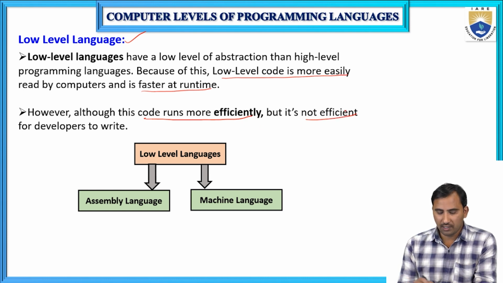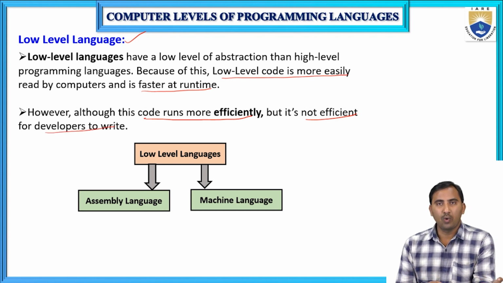But it is not efficient for the developers to write, because writing a program in a high level language is very easy when compared with the low level language. The low level language is very difficult to write and read.